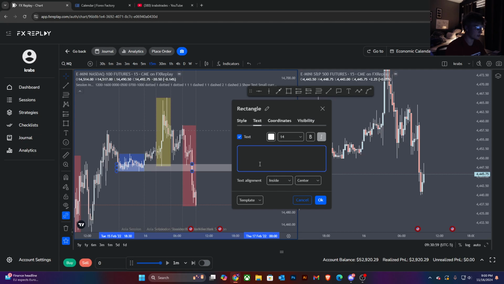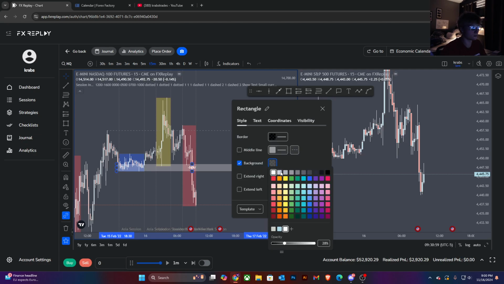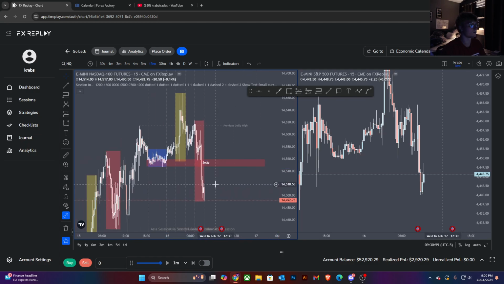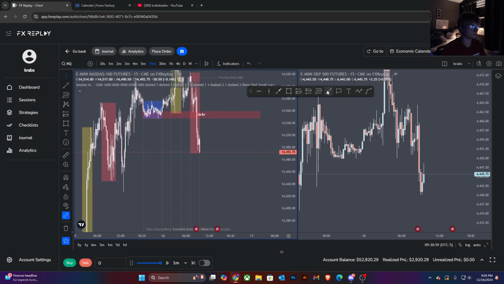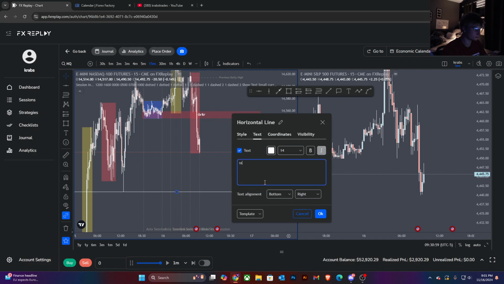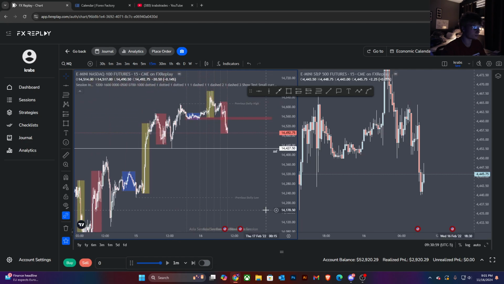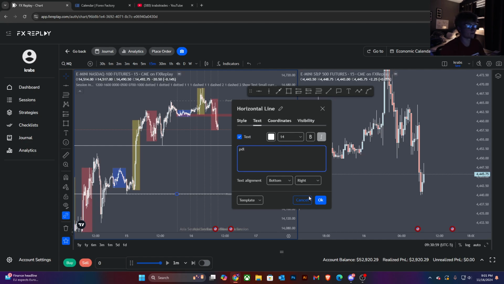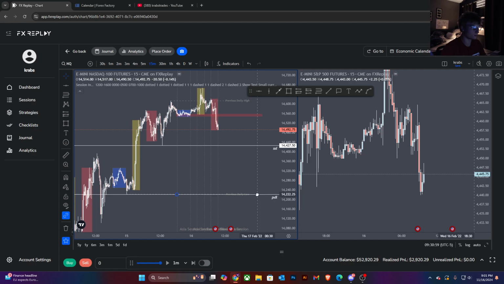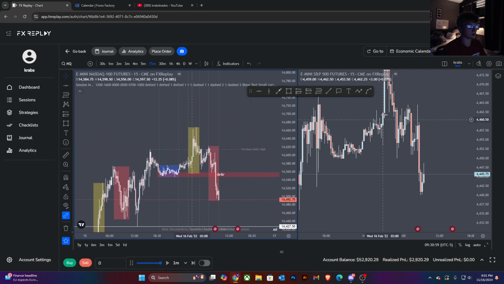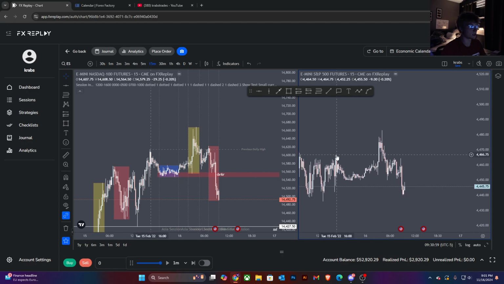Looking at this breaker area. Previous day's low down here. Right there. Looks like previous day high was taken.